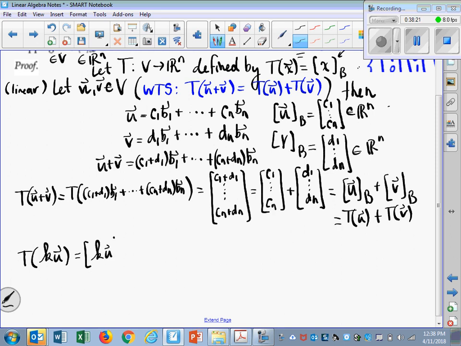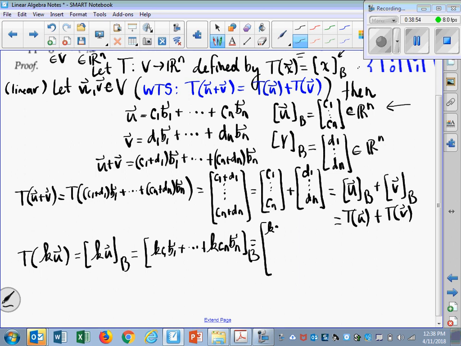So c1, we could write it like this. So it's the B coordinates of k c1 b1 all the way through k cn bn. Well, we want the B coordinates of that, which means you just rip off the coefficients. So that's going to be kc1 all the way through kcn. Let's factor out the k.